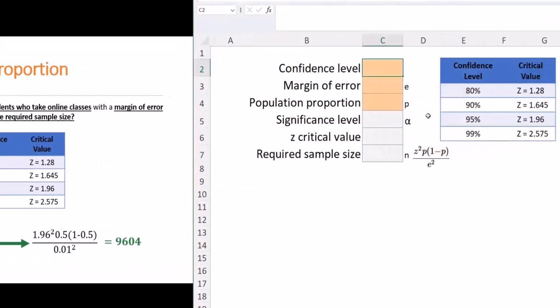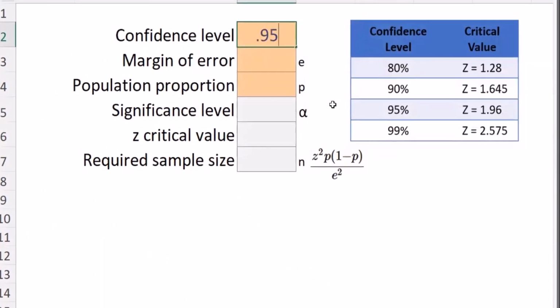Sample size proportion. So we have our 95% confidence level. Our margin of error was given to us as 0.01. We don't have a sample, so there's no pilot data. So the estimate for the population proportion is 0.5. Z critical value is going to be 1.96. And now we're ready to just plug in our formula.